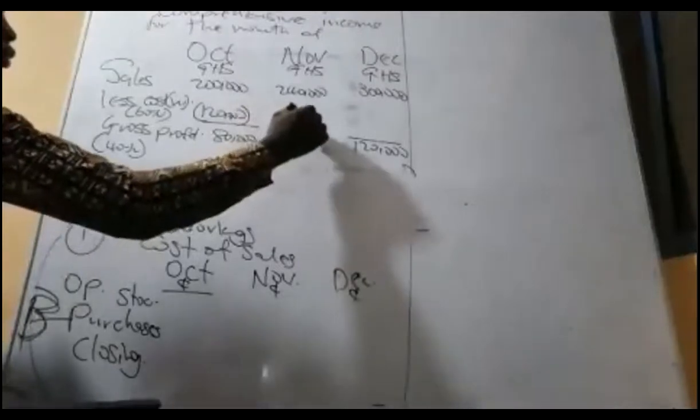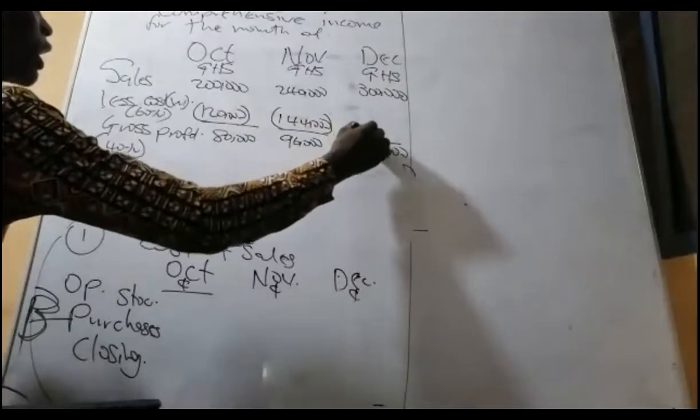Here too, take 96 from this to give you the cost of sales. So basically that is it. And now give us 144, right? That's the cost of sales, and you'll give us 180,000. That's the cost of sales.